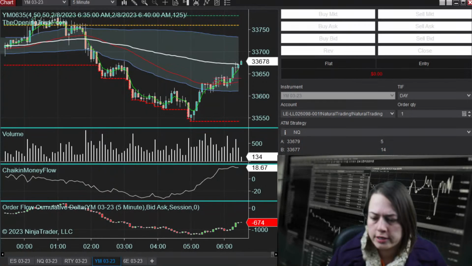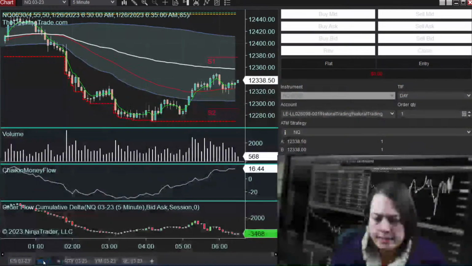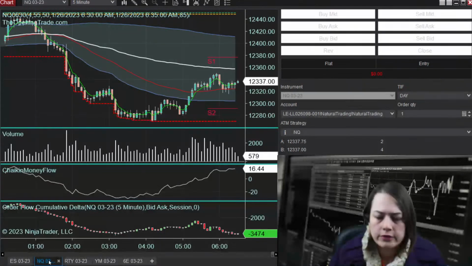This last chart here is going to be for the euro versus the US dollar, showing the euro. All right, so the first automated trade we could potentially see today is going to be on the NASDAQ.